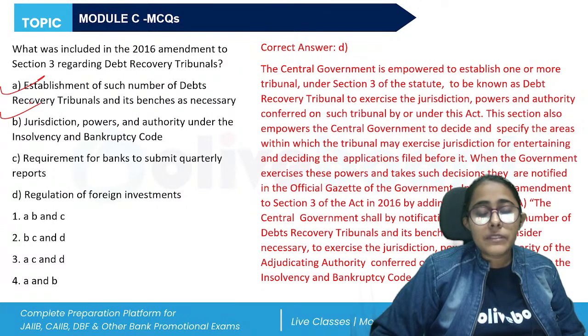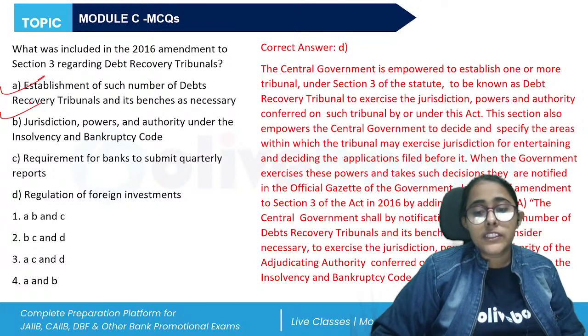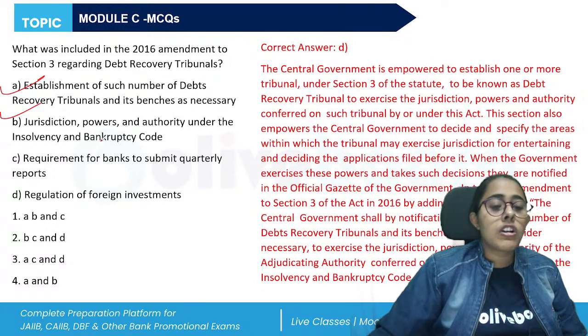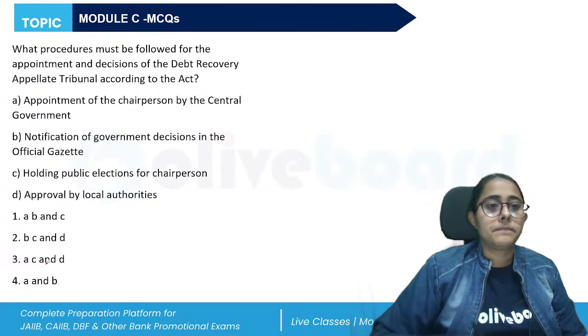Then the amendment was made in 2016: the central government shall by notification establish such number of DRTs and its benches as it considers necessary. Also the powers, jurisdiction and adjudicating authority under the Insolvency and Bankruptcy Code will be mentioned. It does not talk about the requirement for banks to submit quarterly reports or the regulation of foreign investment. So the correct answer is D, only A and B.